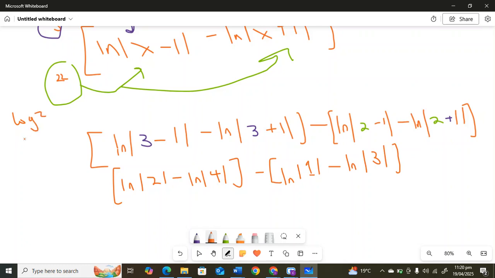When there's ln on your calculator, just put ln 2. Don't look for these symbols, these lines here. Just put in natural log of 2. If you get a negative value, you ignore it because of the absolute value lines. Okay, natural log of 4.